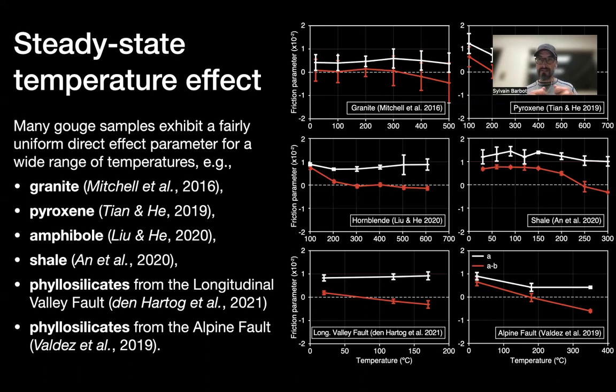That manifests itself by a transition from A minus B positive at low temperature to A minus B negative at high temperature. This is important because not only can it constrain the location of the seismogenic zone at different tectonic plate boundaries, but it can also explain the so-called shallow slip deficit, where you have lower slip amplitude during earthquakes at shallow depth, lower temperature, than you have at greater depth, higher temperatures.